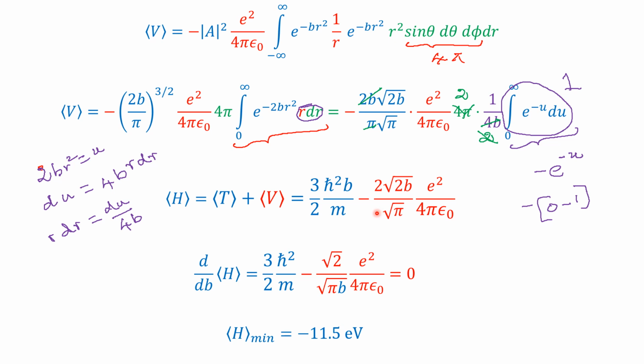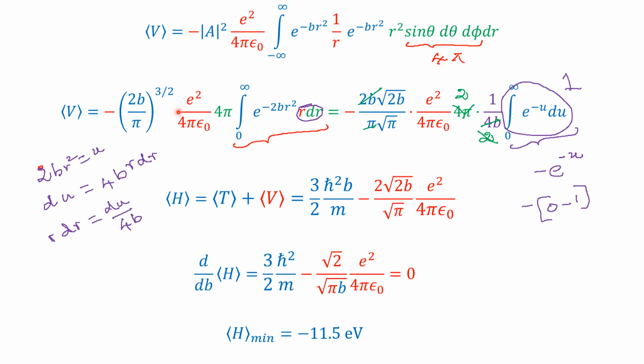Now you differentiate in order to find the minimum energy. You differentiate with respect to the adjustable parameter p. If you differentiate the first term with respect to p, it is 1, so this will become 3 h cross squared over 2m.